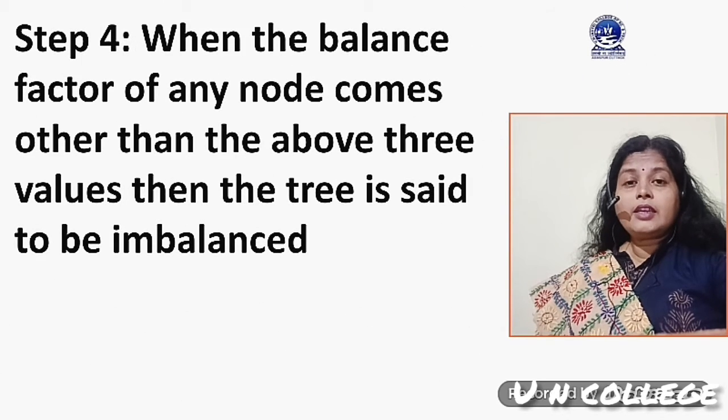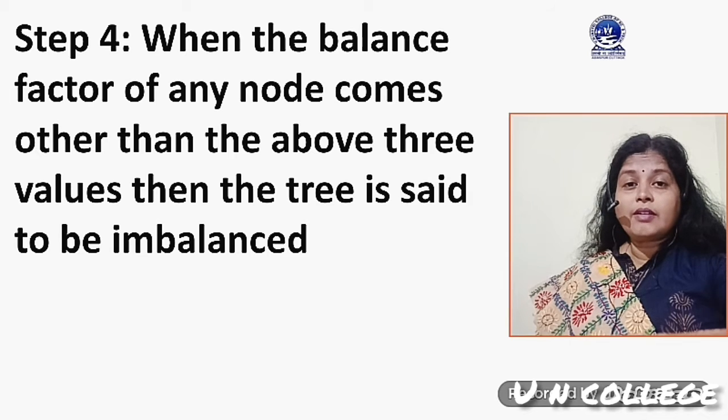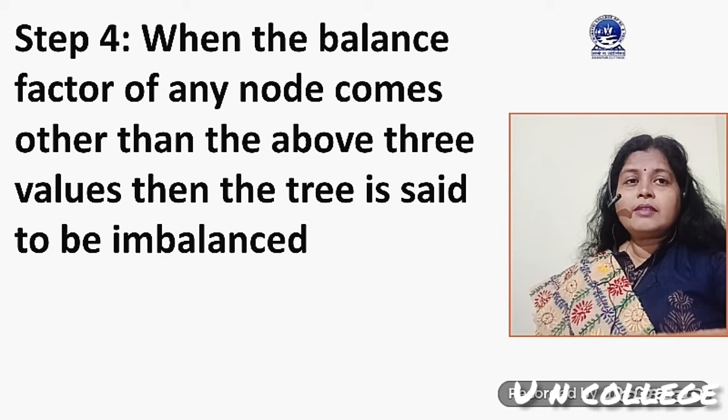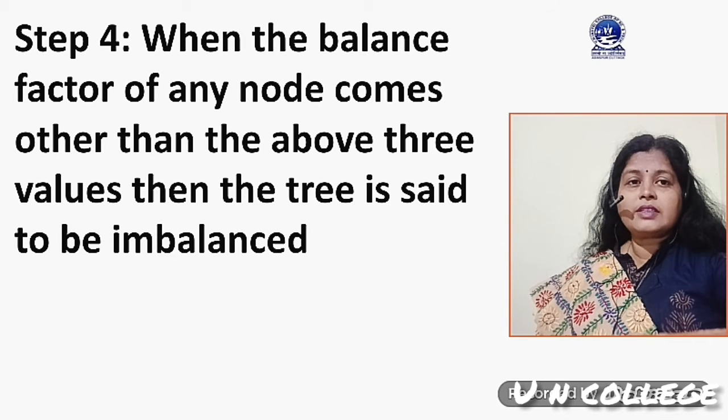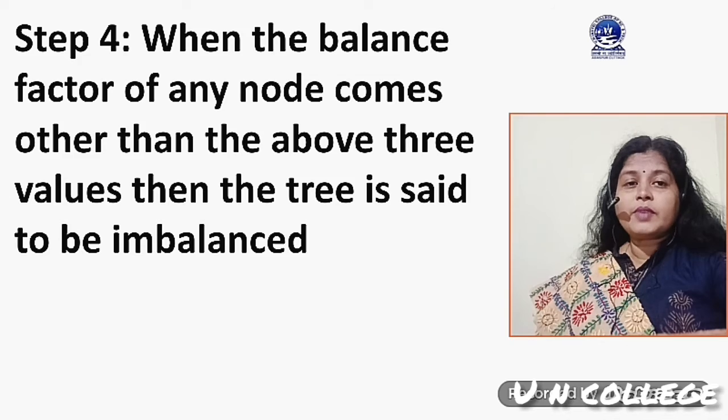But if any node is violating this, meaning the node does not have a balancing factor of 0, 1 or -1, when the balance factor of any node comes out as other than these three values, then the tree is said to be imbalanced.